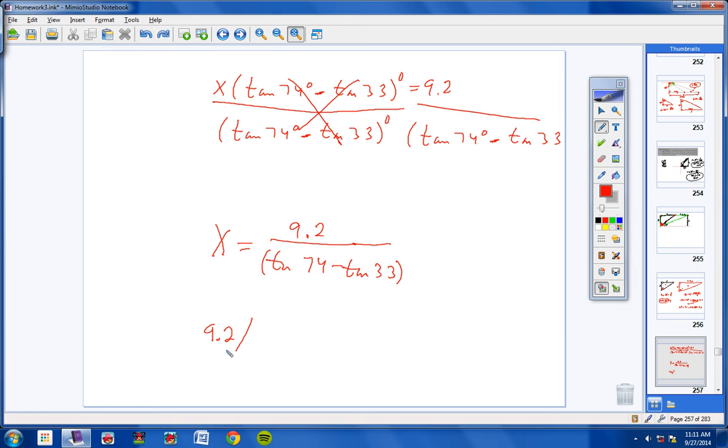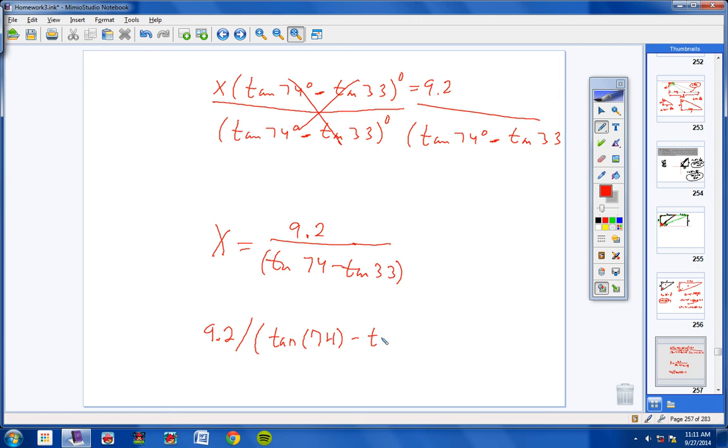So 9.2 divided by, then hit parentheses, then hit tangent. Now when you hit tangent, this automatically pops up with another parenthesis. So when you put in 74, be sure and close the parentheses. If you don't, you will miss the problem.